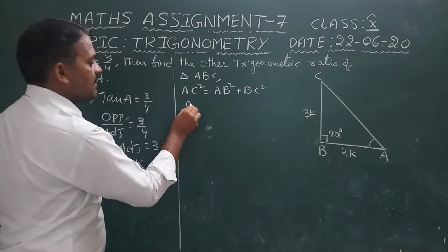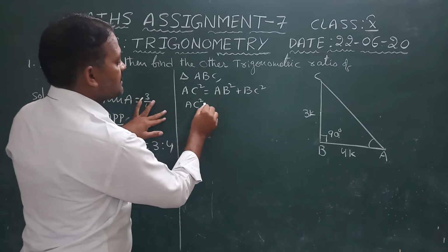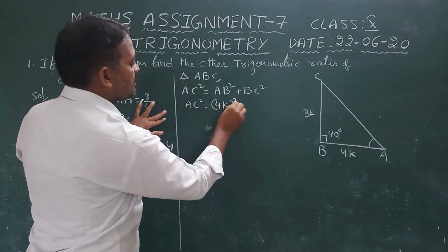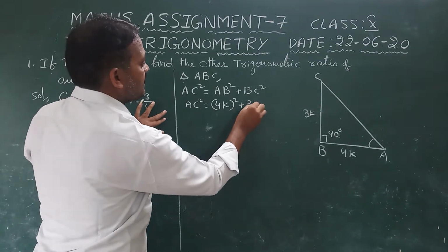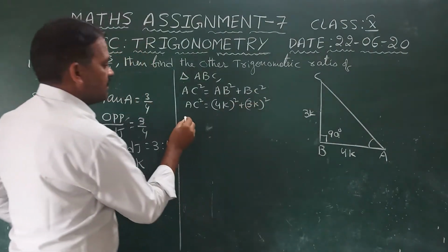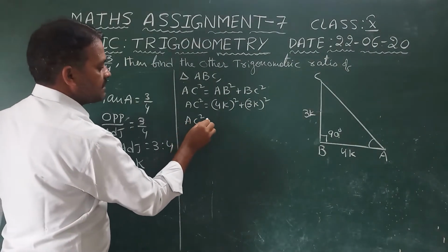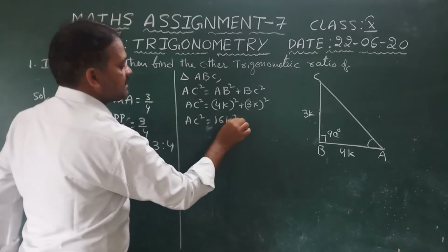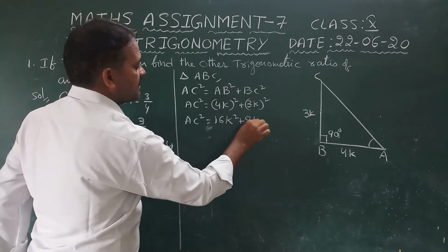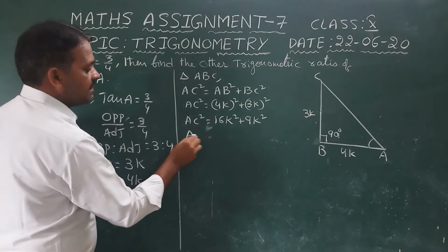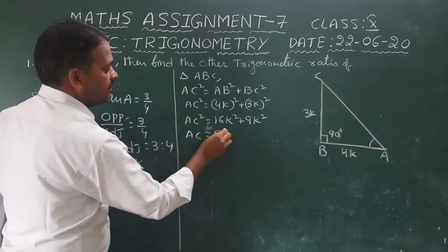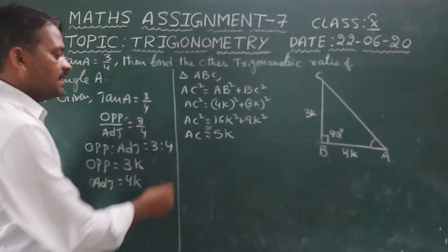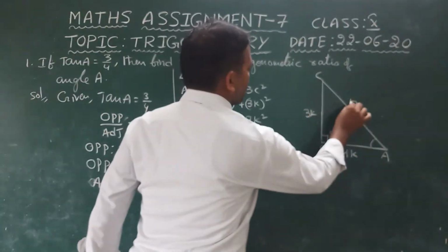Substituting the values, AC square is equal to 4k whole square plus 3k whole square, which is 16k square plus 9k square. So AC is equal to 5k after simplification.